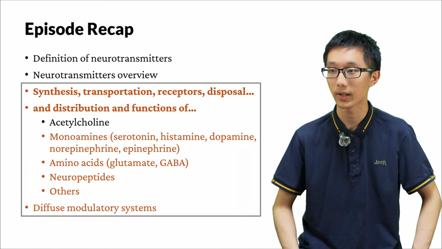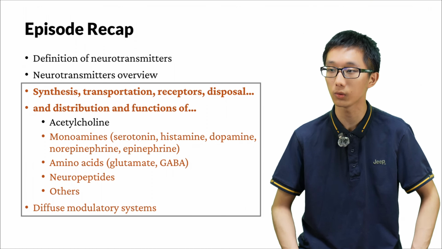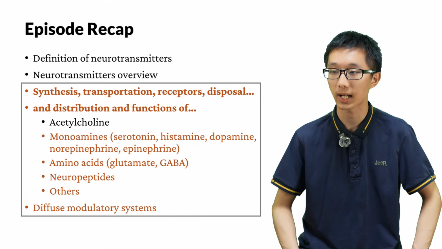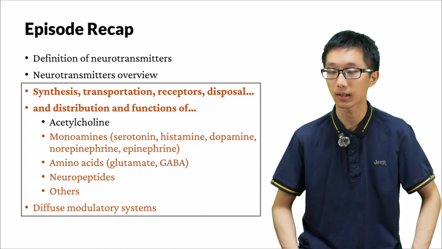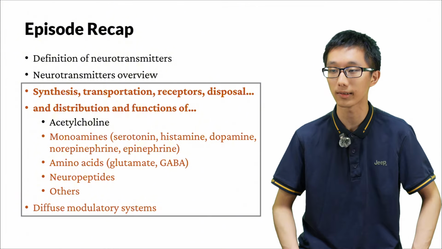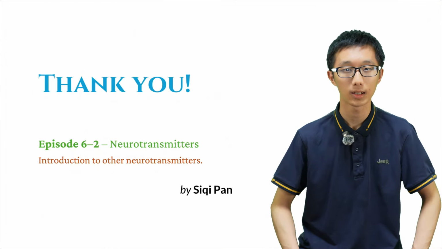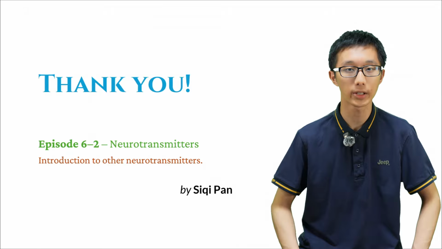In this episode, we have met more neurotransmitters, including serotonin, histamine, dopamine, norepinephrine, epinephrine, glutamate, GABA, neuropeptides, endocannabinoids, and nitrogen monoxide. We have also seen the function and structure of diffuse modulatory systems. Coming up in the course, we're about to dive into the world of the functions of the nervous system, including sensory, perception, and motor functions.